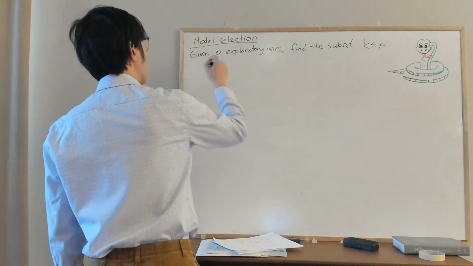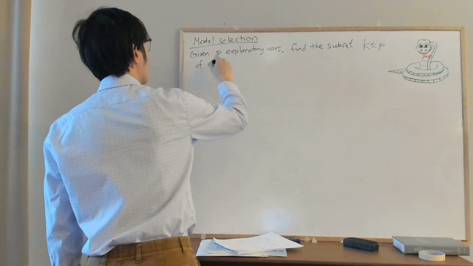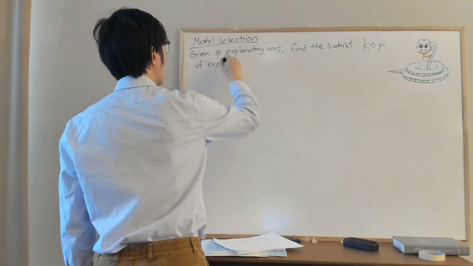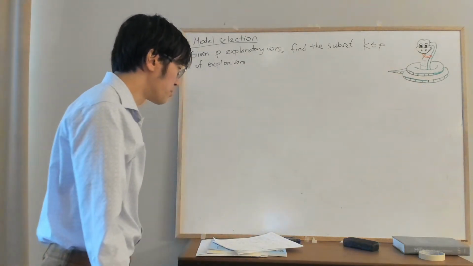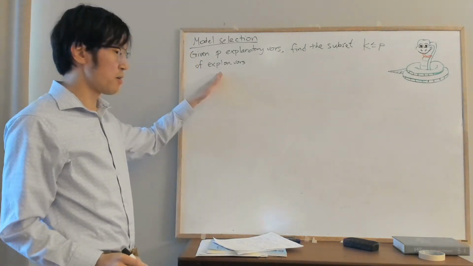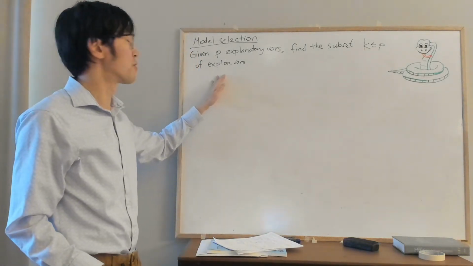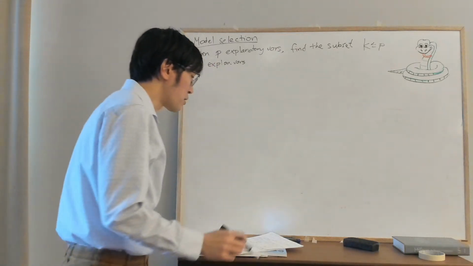Find the subset of explanatory variables. This is related to terms we've used before, like taking the full set of predictors and finding a reduced set of them.